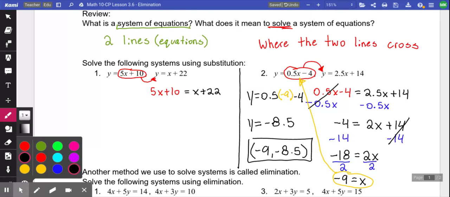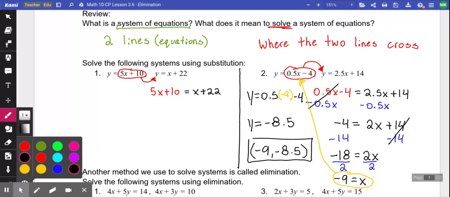Cool. After substituting, what is the next thing I need to do? Yes, I need to move my x from one side to the other. And again, this is one of those things that you could do one way or a different way and still get the right answer.